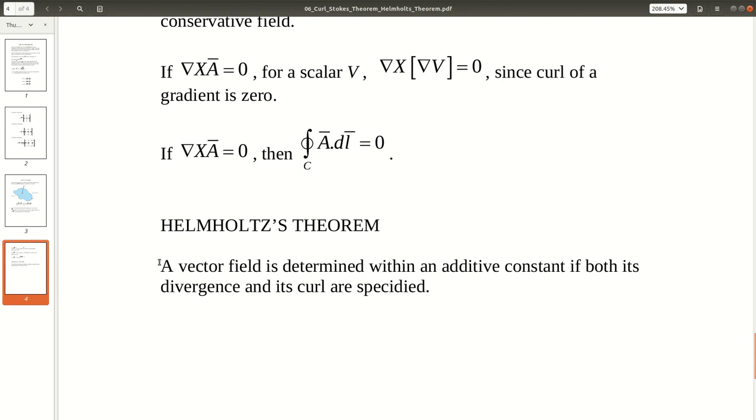Another theorem, the Helmholtz theorem. It says that a vector field is determined within an additive constant if both its divergence and its curl are specified. That means that if you have the curl and divergence, then you can say that this vector is determined within an additive constant.